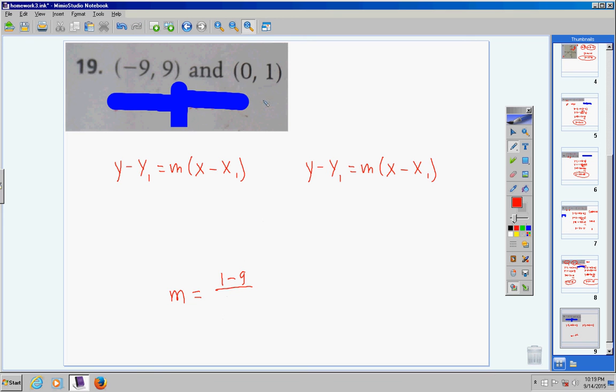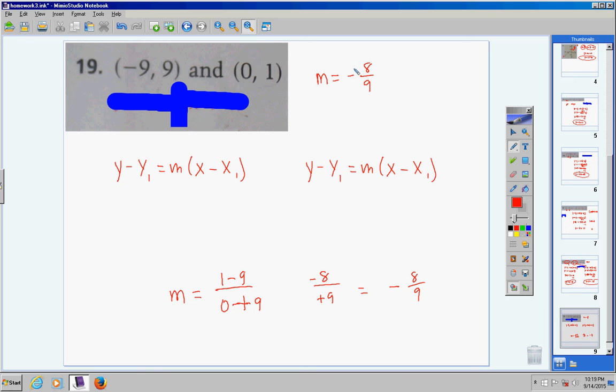X minus x, 0 minus a negative 9. And of course 0 minus a negative 9 is 0 plus 9. So up top I have a negative 8. In the denominator I have a positive 9. A negative over a positive is a negative. And 8 over 9 is 8 ninths. So there's my slope, negative 8 ninths.